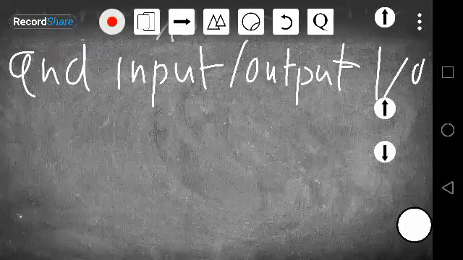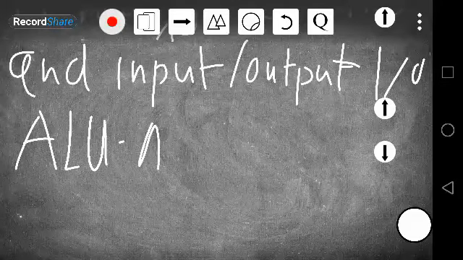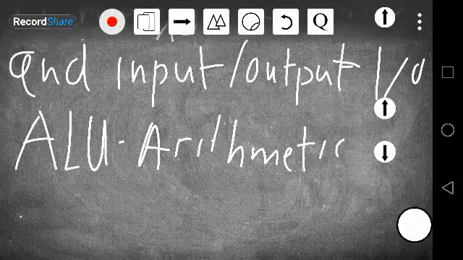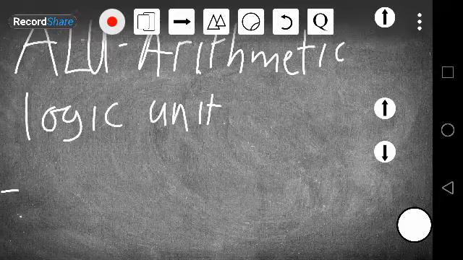That's the function of the control unit. And we have the ALU, or the arithmetic logic unit. What it does is it performs mathematical functions.